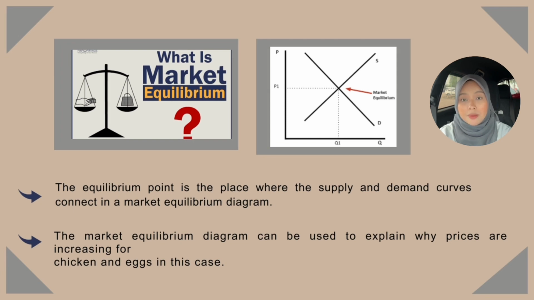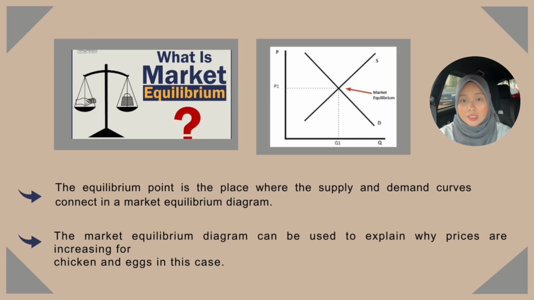Other than that, the second point in the slide is that the market equilibrium diagram can be used to explain why prices are increasing for chicken and eggs in this case. Due to the growing population, increased demand for poultry products and increased need for eggs as an ingredient in various meals, the demand for chicken and eggs has been rising since early 2022, which is last year.